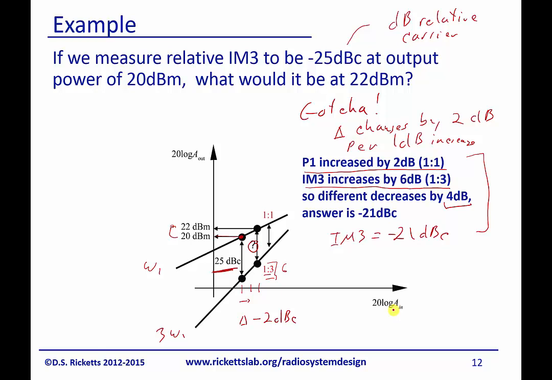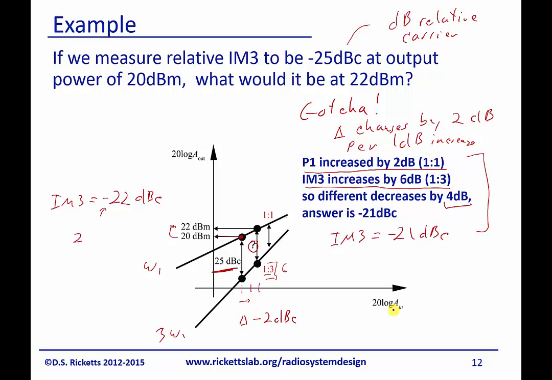So let's just play that game. If I keep on going up 1, 1, 1, 1, when will these two intersect? Well, if my difference is, let's take our example, let's say my IM3 is equal to minus 22 dBc, right? I know that I lose 2 of these every 1 dB that I increase in input power.